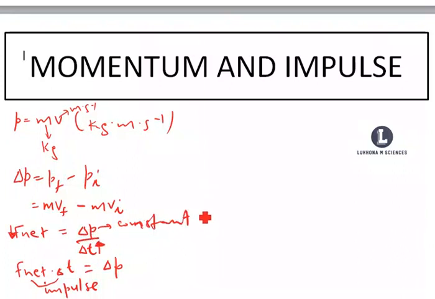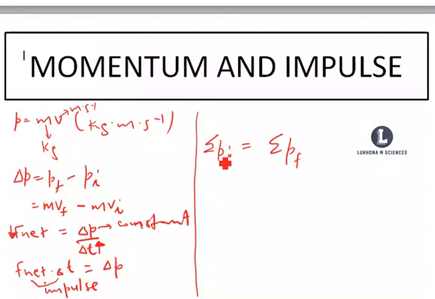All right, so we also talked about the conservation of linear momentum. The conservation of linear momentum says in an isolated system, the total linear momentum is conserved. Sum of momentum initial is equal to the sum of momentum final.